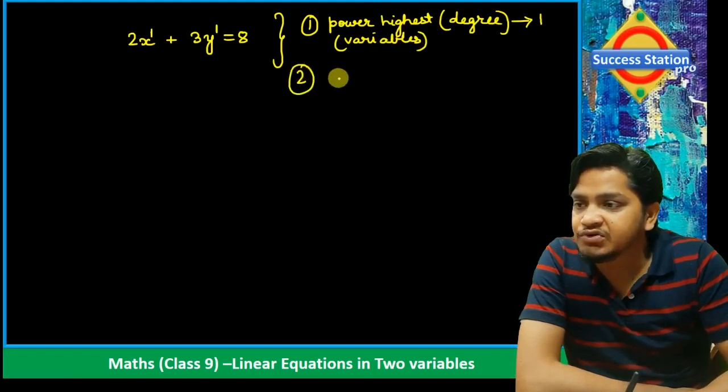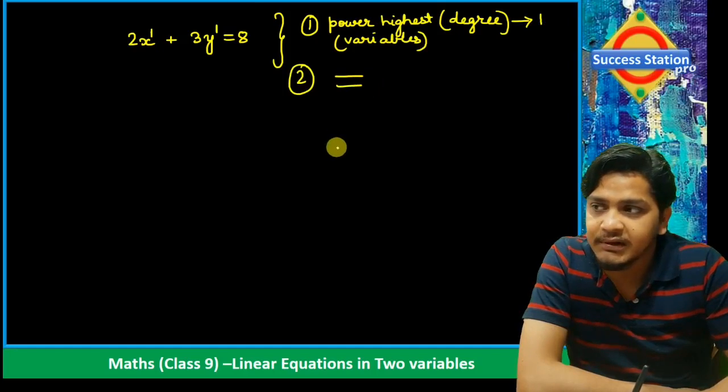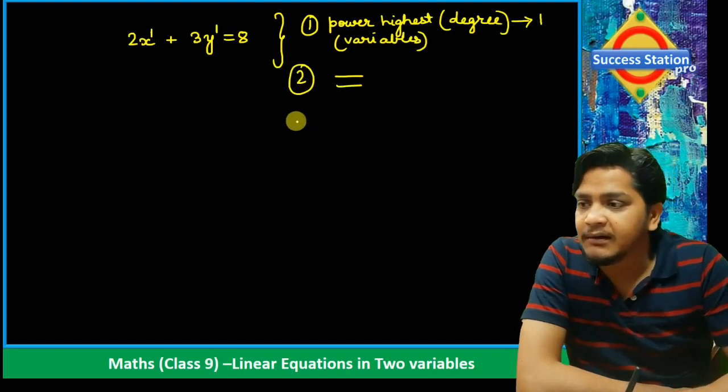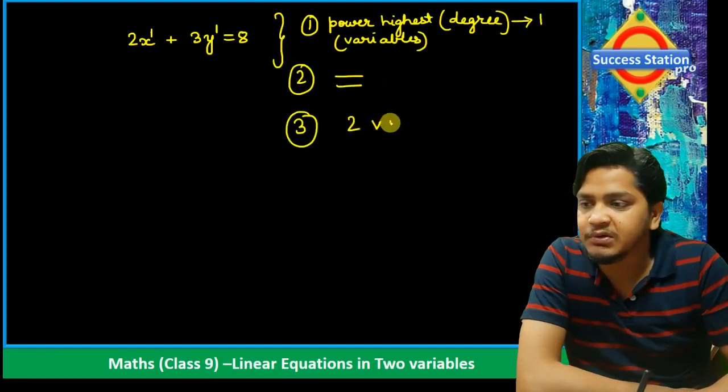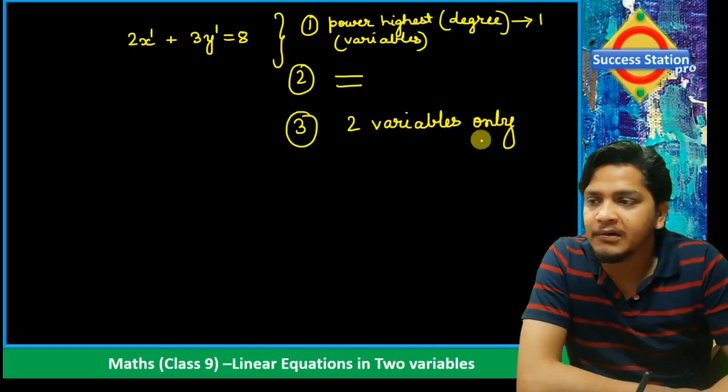Next, there should be an equal to sign, then only it will be an equation. Clear? And two variables only, or we can say exactly two variables.